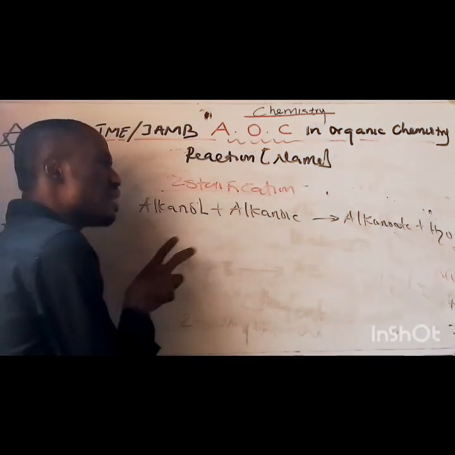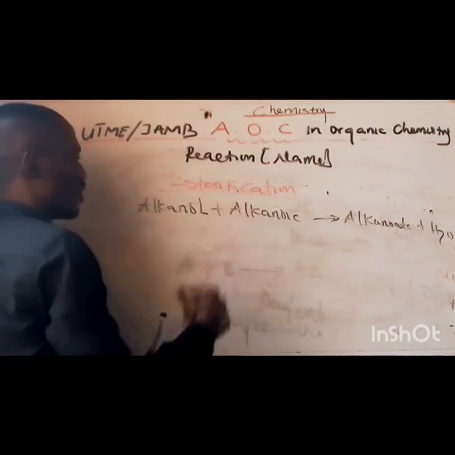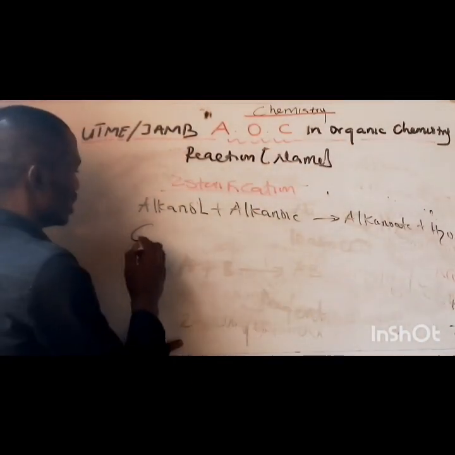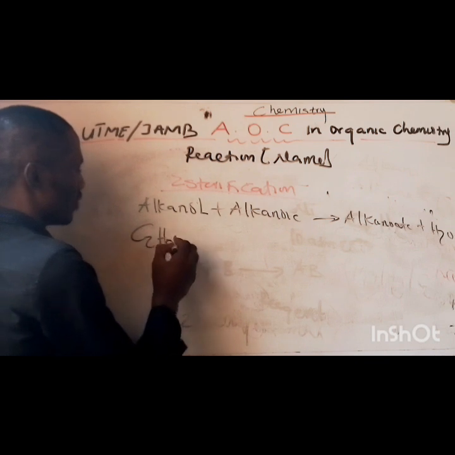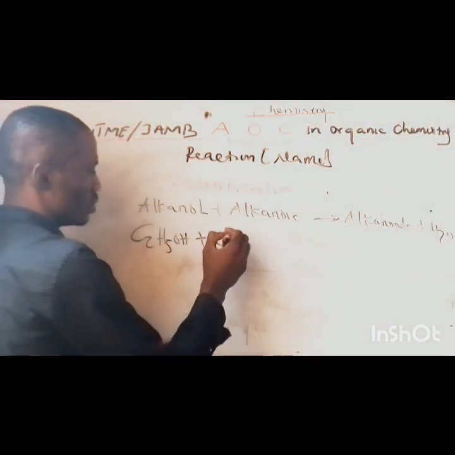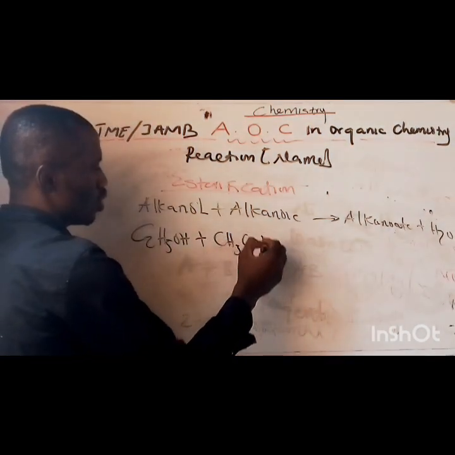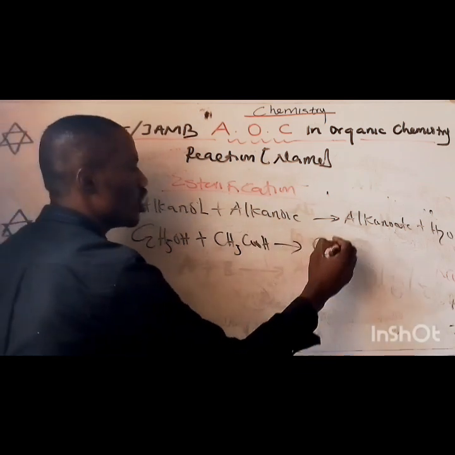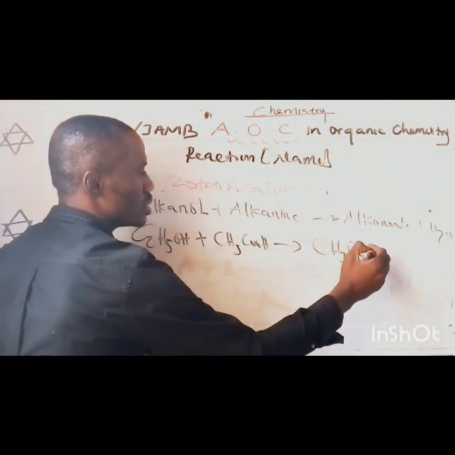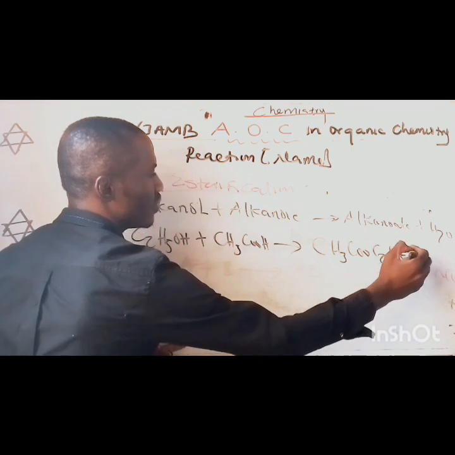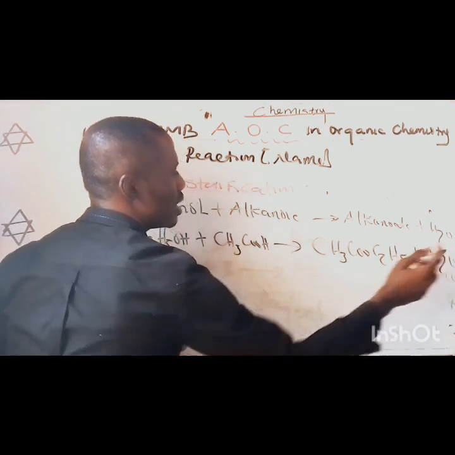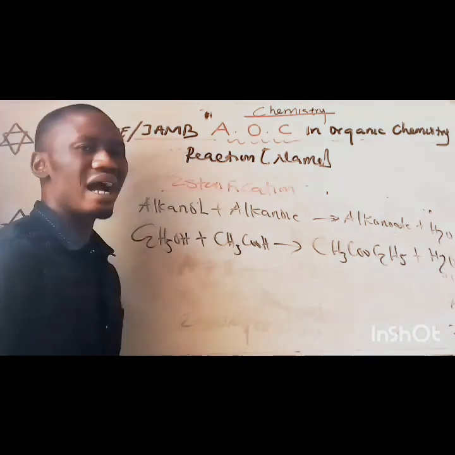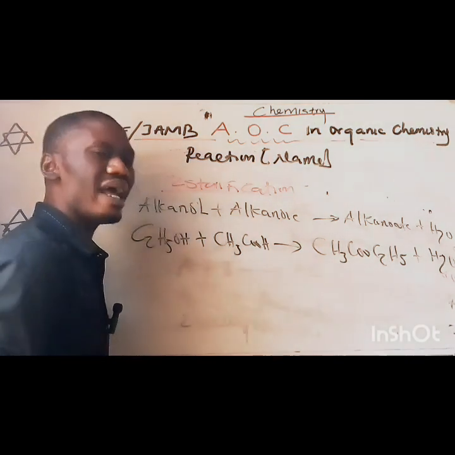And then in this setting, where you have an esterification reaction, let me give you an example. C2H5OH, which is an ethanol, plus CH3COOH, which is an ethanoic acid. It will give me CH3COOC2H5 plus H2O. Now, the name of this compound is called an alkanoate.